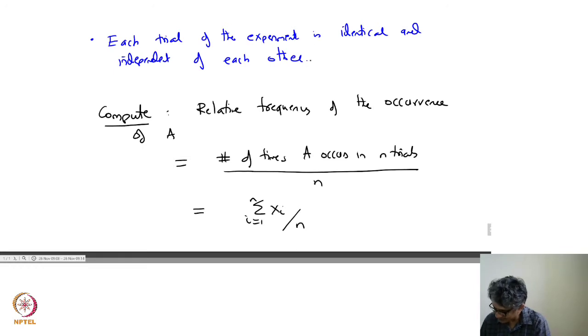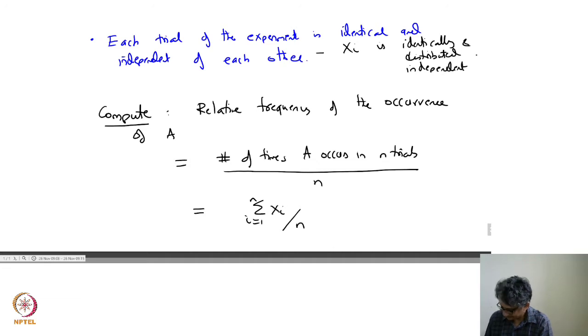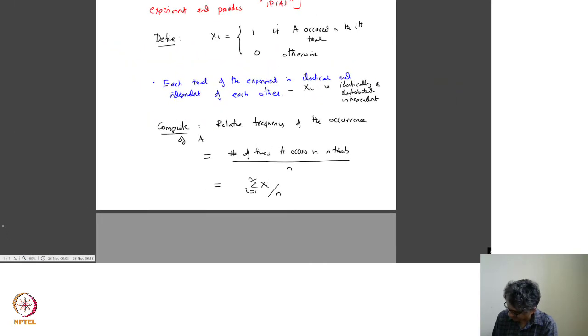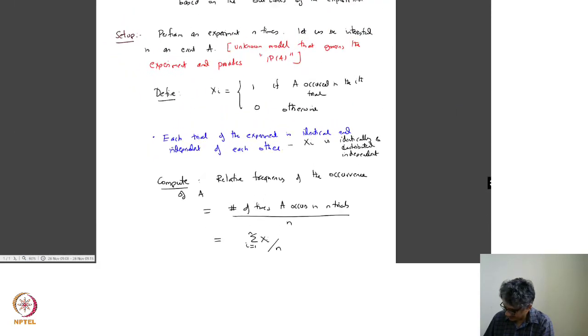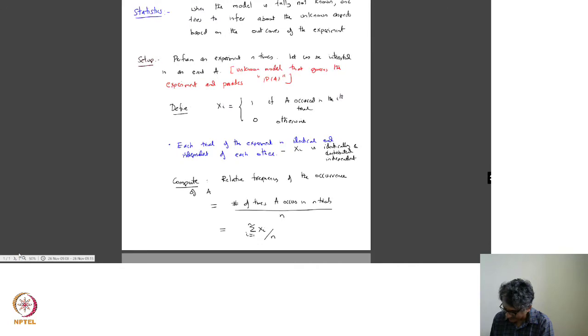Here we'll make one small extra observation. If you assume that each trial is independent, it's just saying that each xi is identically distributed and independent. That's the setup we have. So let me recap a little bit.